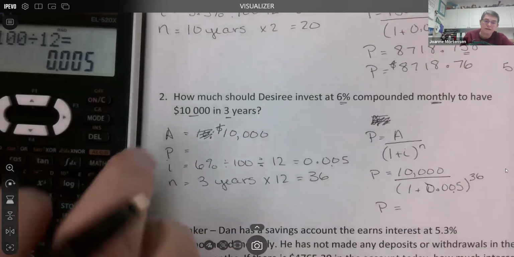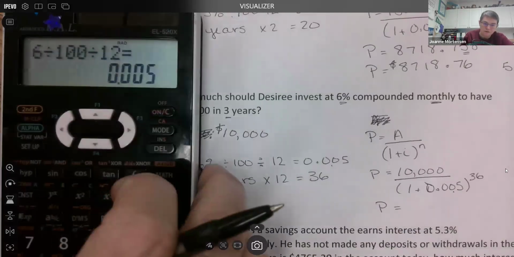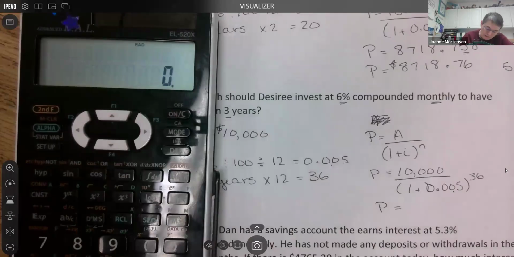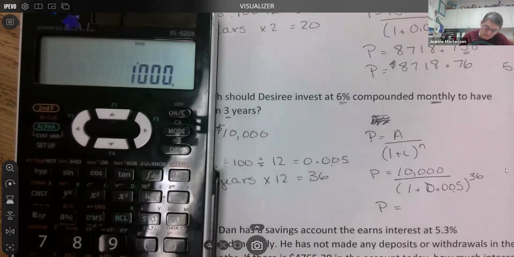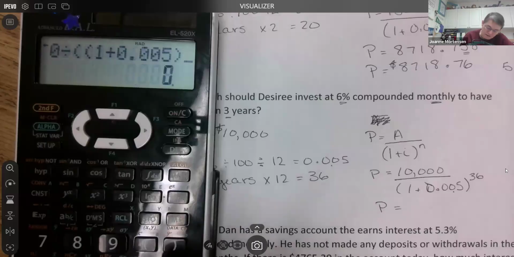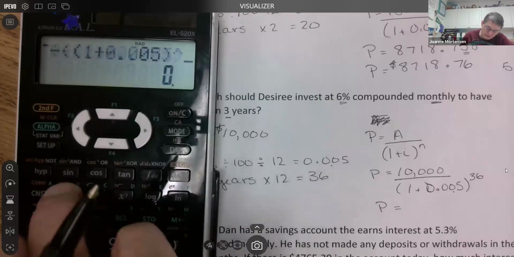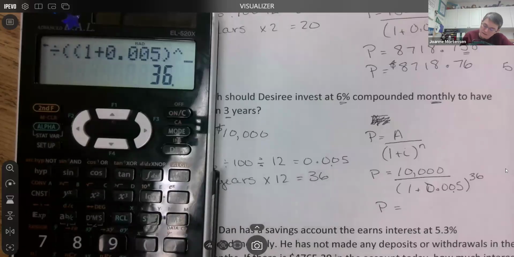All right, in with the calculator. 10,000 divided by bracket, 1 plus 0.005, close my bracket, exponent 36.